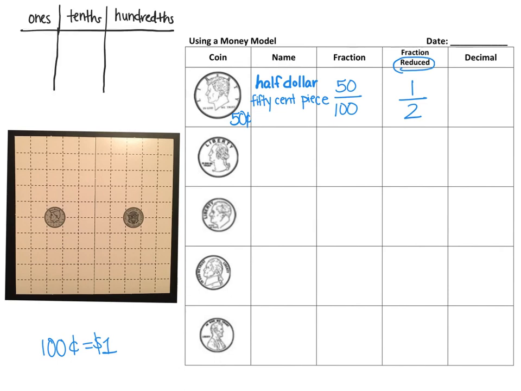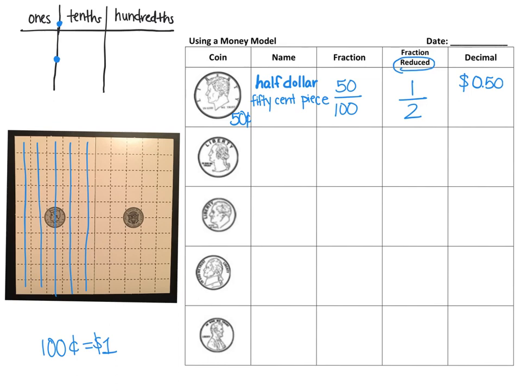Now let's think about the decimal. If we were going to write 50 cents as part of $1, we would write the dollar sign, then we would put $0.50. We could write it that way, or we could think about our place value chart. Over here, our decimal is between the ones and the tenths. So we have no ones, but we do have 1, 2, 3, 4, 5 groups of tens.